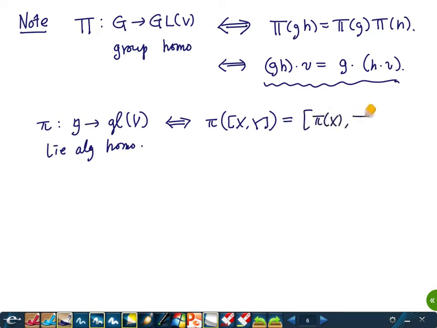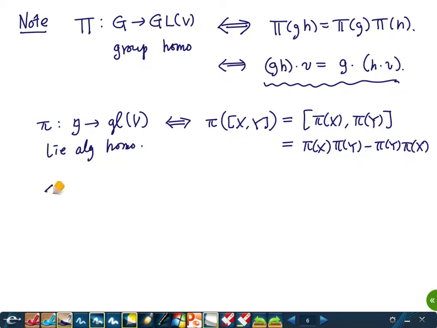It must respect the Lie algebra structure. But this bracket is a bracket inside GLV, and we know what that is: pi x, pi y minus pi y, pi x. Because these are linear transformations, we can multiply them, and this multiplication is composition.